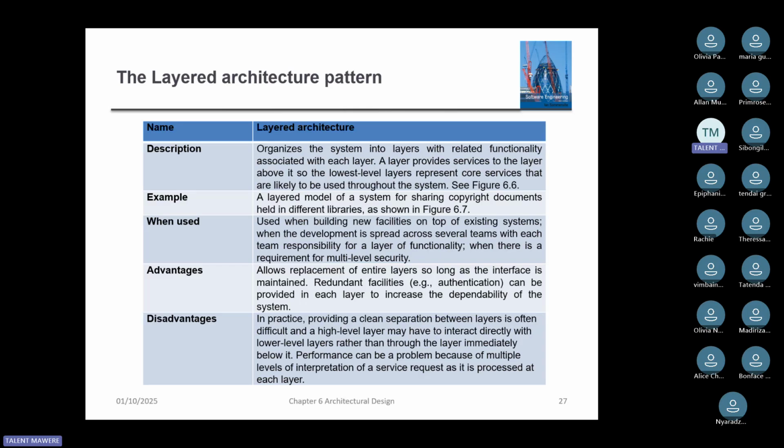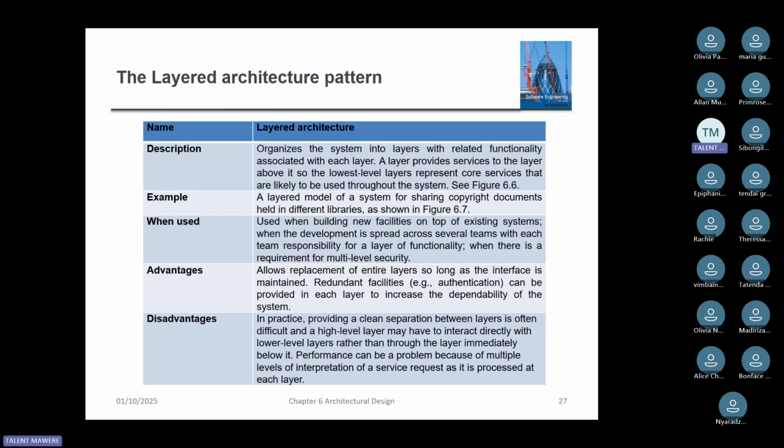So it's sort of modularizing, or designing using modularization. Each layer can be thought of as a module, and then we have different teams working on different layers. The disadvantage is that providing a separation between layers is very, very difficult.